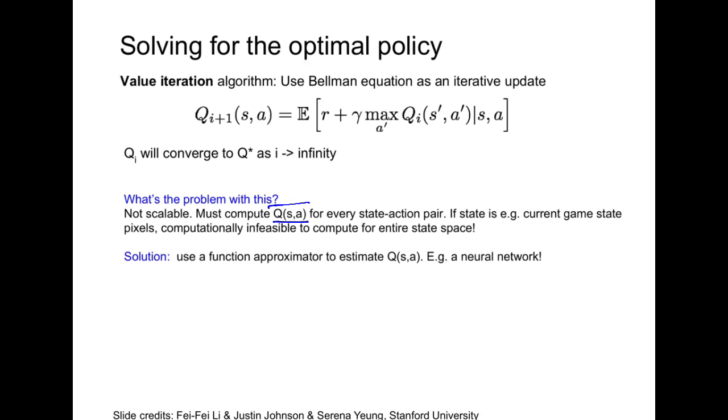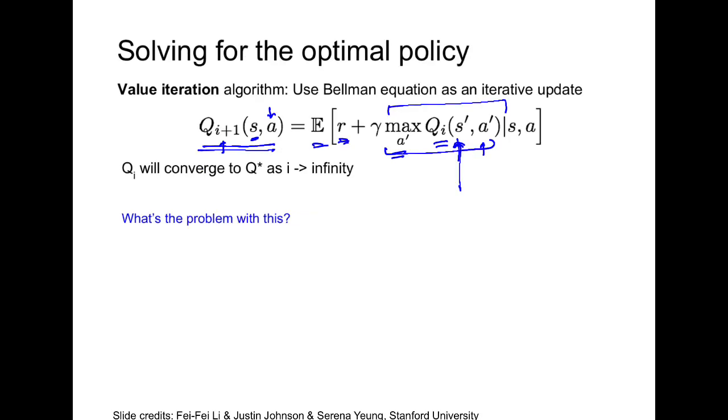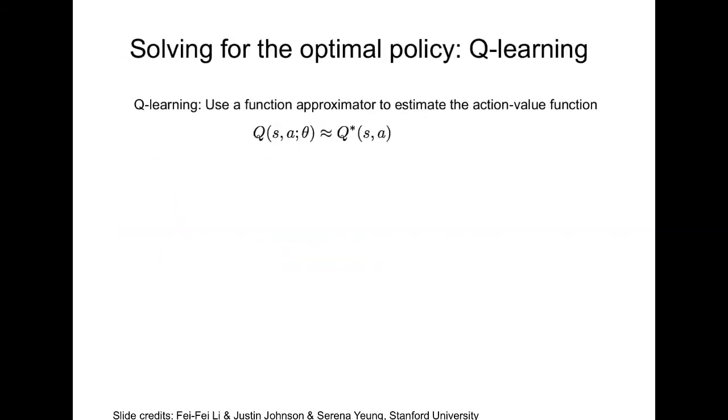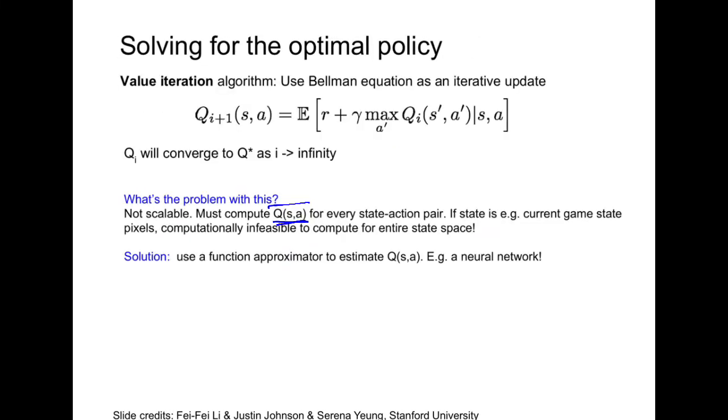Remember the proof that we did for the Q learning algorithm? Every time you come back to that state after visiting all the other state and action pairs, the error decreases by a factor gamma. So you have to do it many, many times. What this means is that every state action pair you have to visit many, many times before you can actually converge, and this may take a long time.